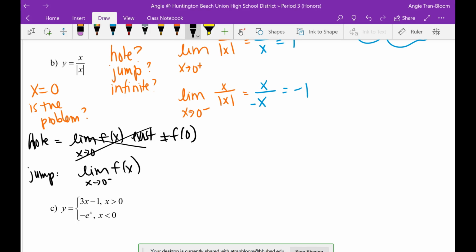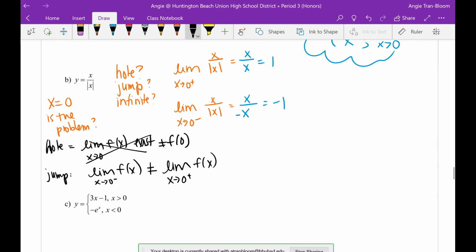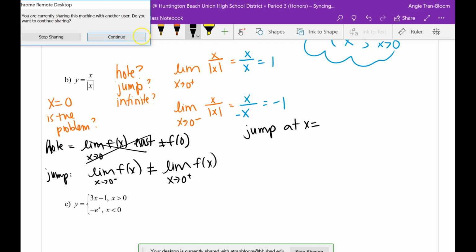How about the right or left? How about left and right? Exists, but what? Not equal to the other side. Okay. Does it meet this condition? Yes. Okay. So guess what? This is a jump. Jump at x equal to what?